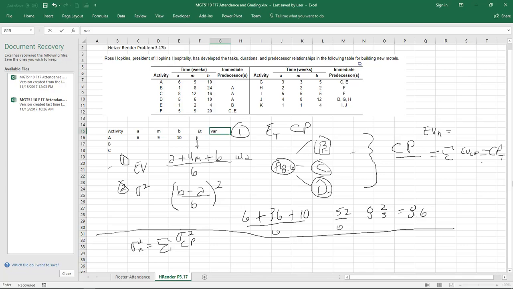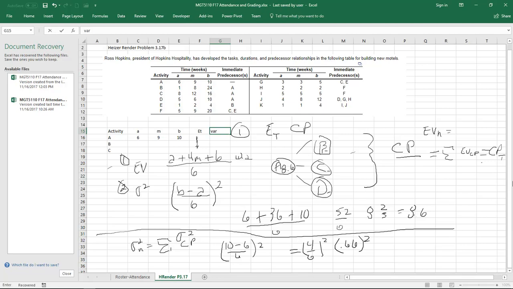So for each of these activities, you're going to calculate an individual variance here. Okay, so we know that's (b minus a) over 6, squared, so it's going to be (10 minus 6) over 6, squared, and so that's going to be 4/6 squared, or that's going to be 0.66 squared.